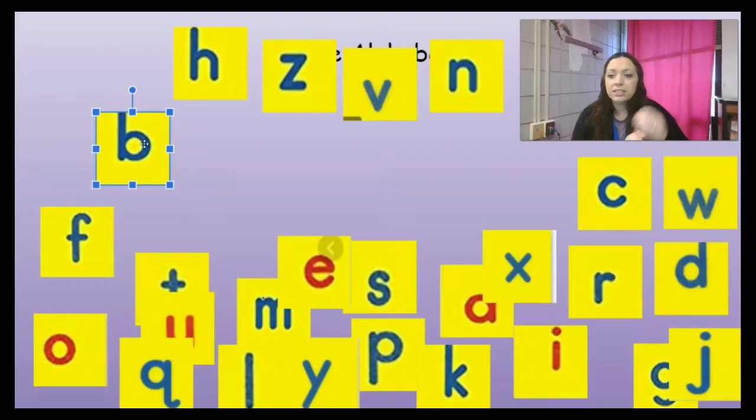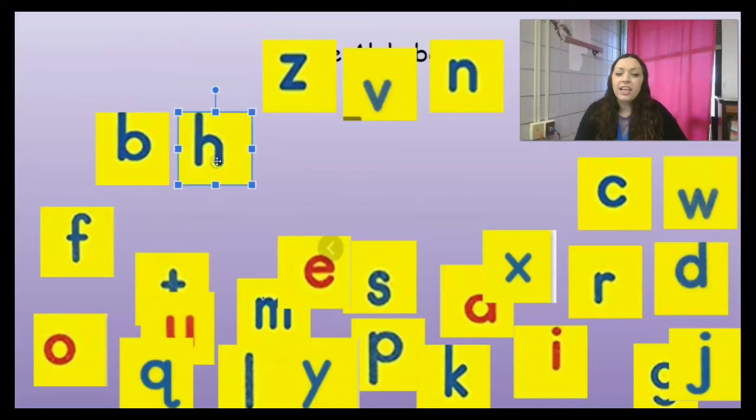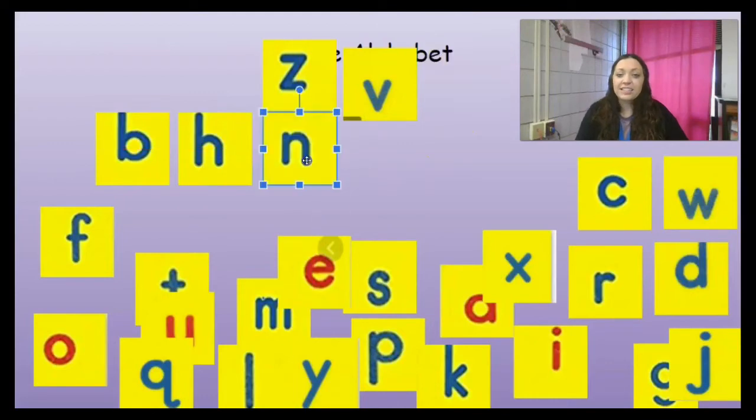What would come next? Let's think about it. C, D, E, F, G, H. So H would be our next letter. Okay. I, J, K, L, M, N. So N would come next.